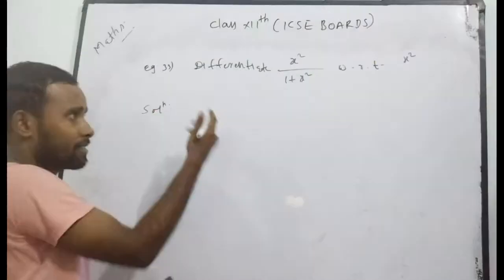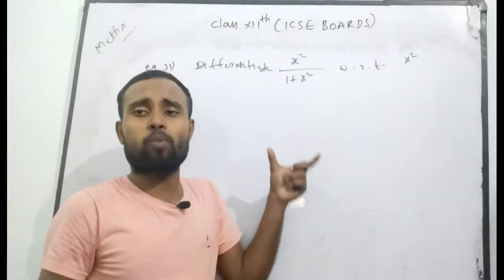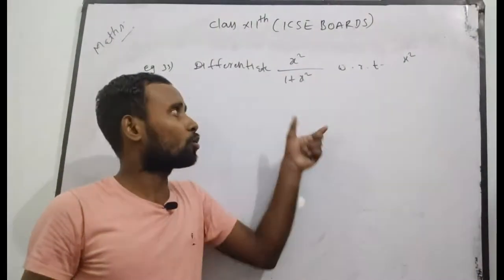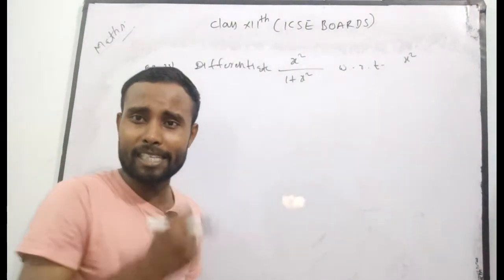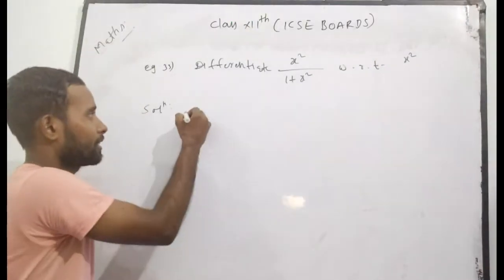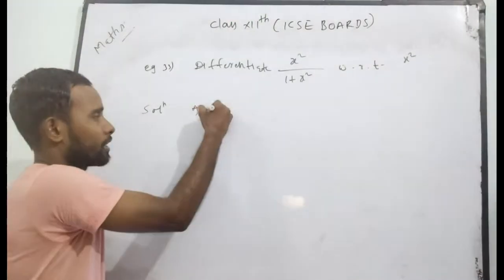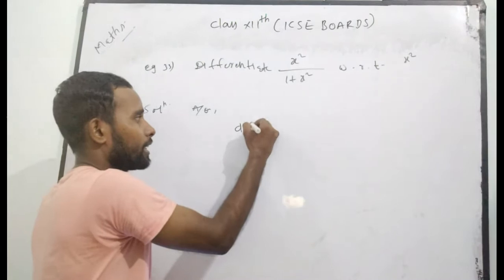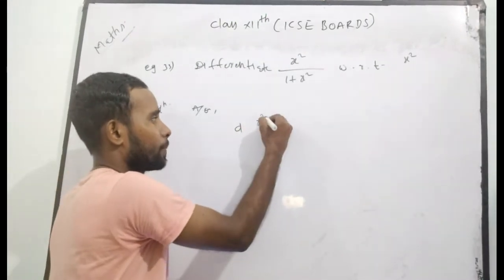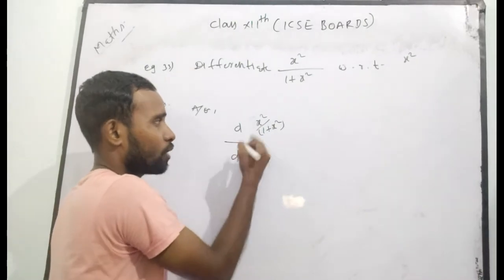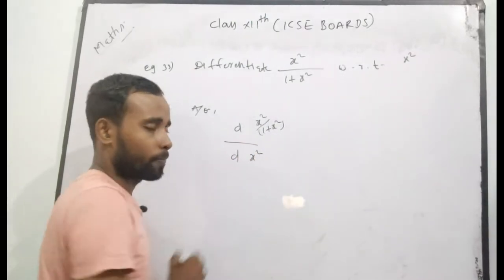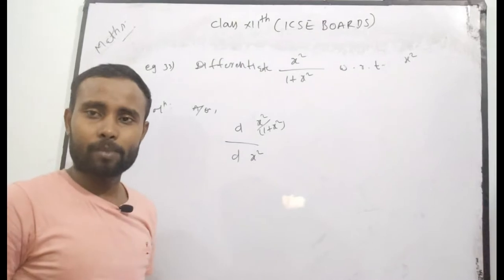Now firstly try to understand what this question wants to say. Logically, what does it represent? According to the question, you have to differentiate x square upon 1 plus x square with respect to x square. It tells you that.